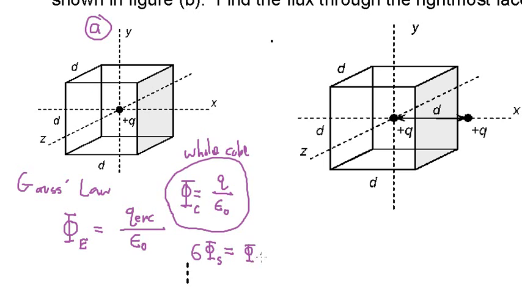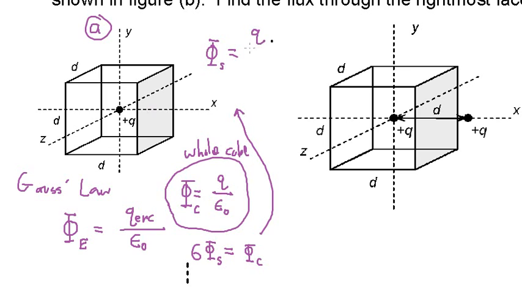So the flux through all 6 sides must be the same, so if phi sub s is the flux through one side, 6 times phi sub s has to equal the flux out of the entire cube. Okay, so you take all the sides, add them up, and they're all the same, then they equal the cube.